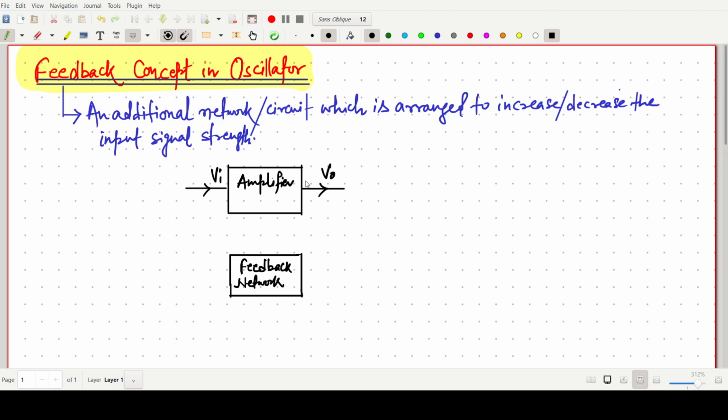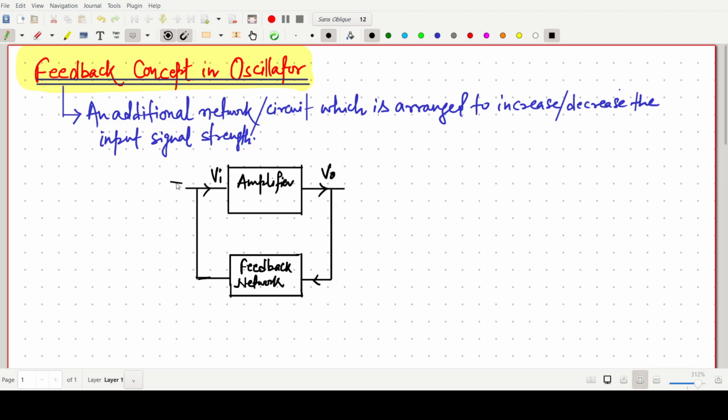Okay, and if we connect the output of an amplifier, we are feeding the output V naught as an input for this feedback network, and we are getting an output, and we are putting this one here. So this kind of thing is nothing but simply a feedback network.